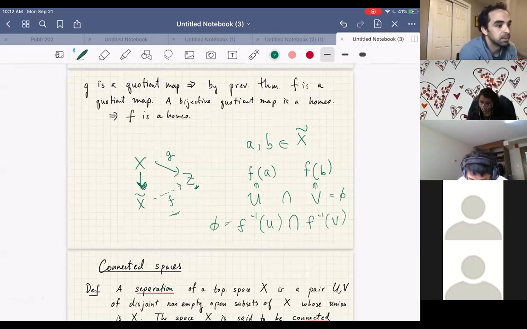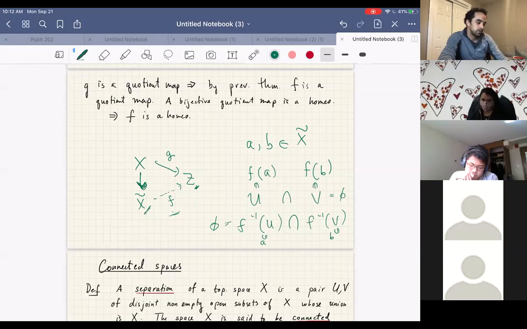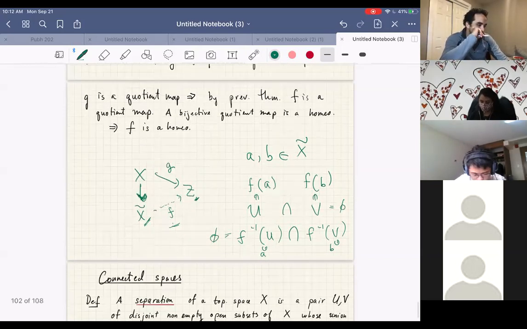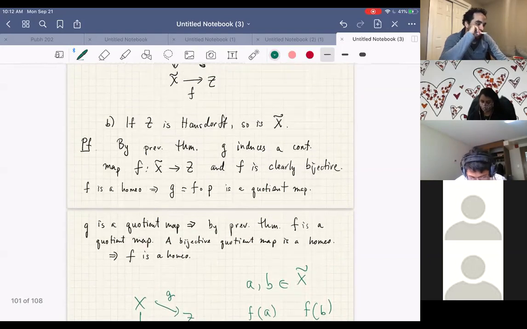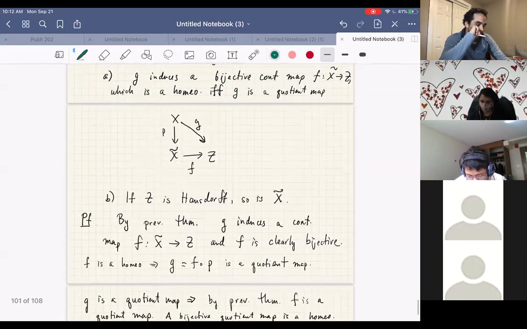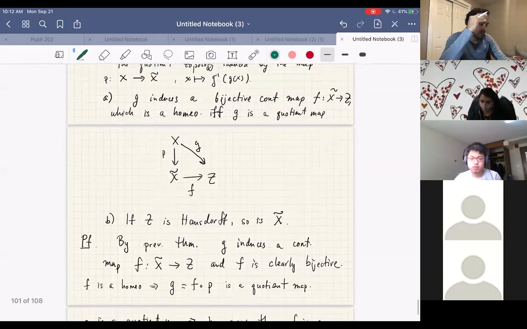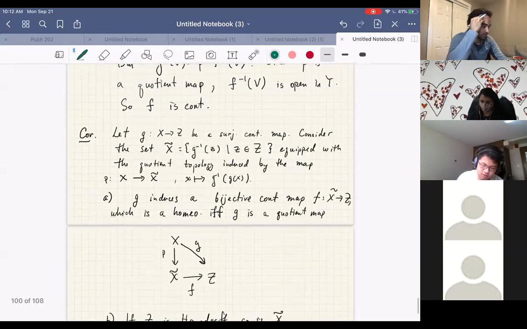So I can separate A and B. So it follows that X tilde is Hausdorff as well. Okay. Any questions regarding the quotient topology?